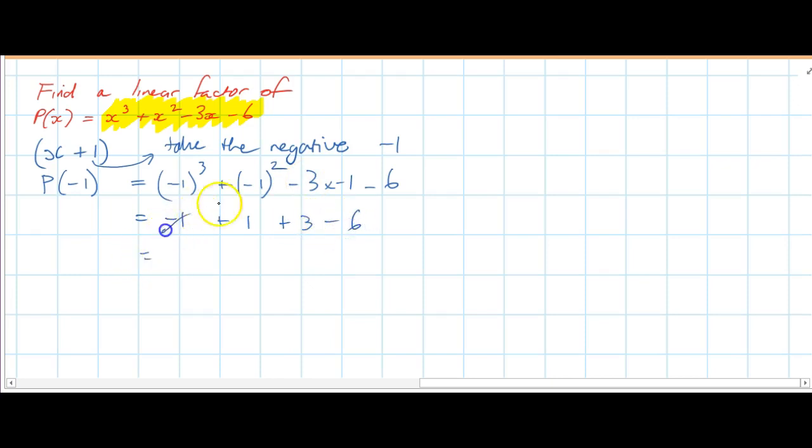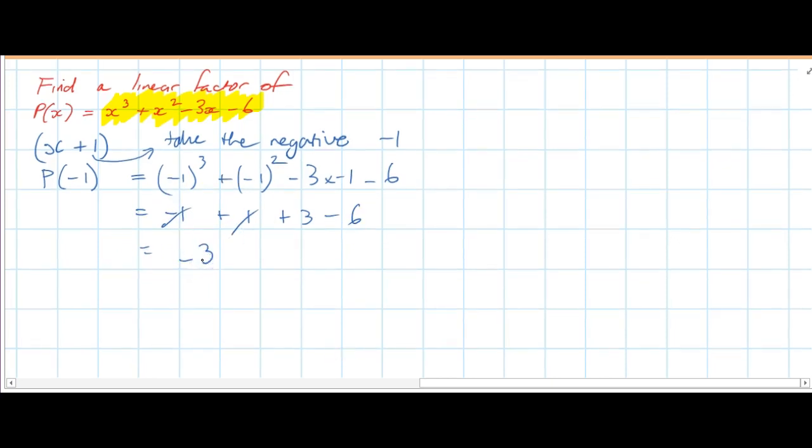These two cancel out. 3 minus 6 is negative 3. Now that is not equal to 0. Therefore, remember we said x plus 1 is not a factor of p(x).